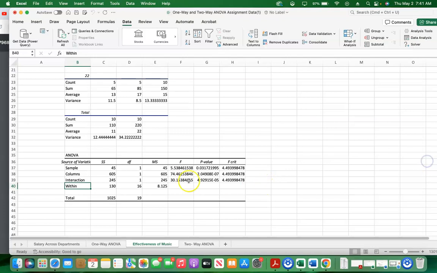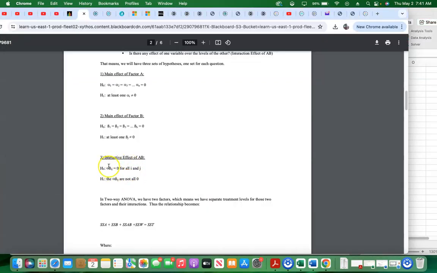And for the third one, we can also see that we have 0.504929, and it is also a very good probability value. In this case, for the interactive effect, we will reject the null hypothesis. So that's all with the two-factor analysis.